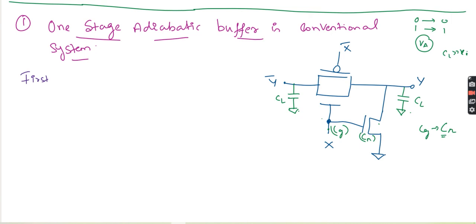First analyze the case, in the sense your input Vin is equal to VDD. That is nothing but your Vin. Okay. So assume the case so that all the input energy is dissipated.